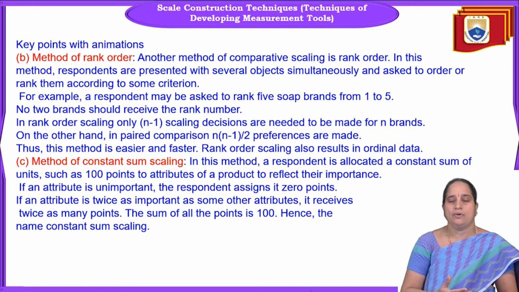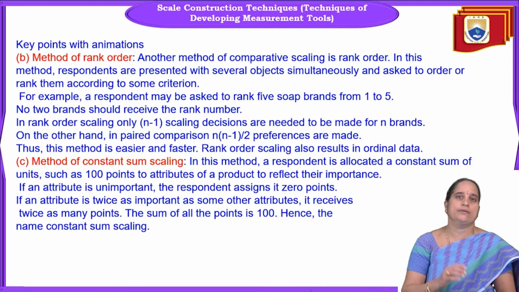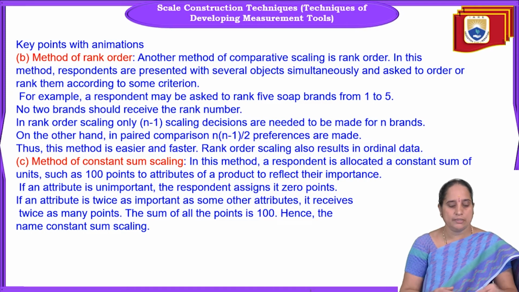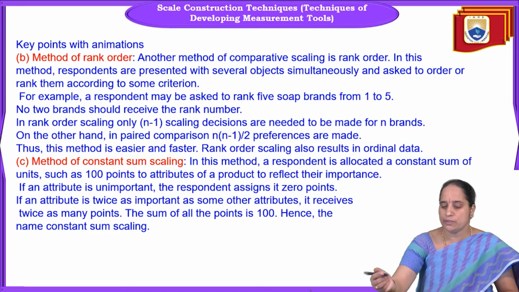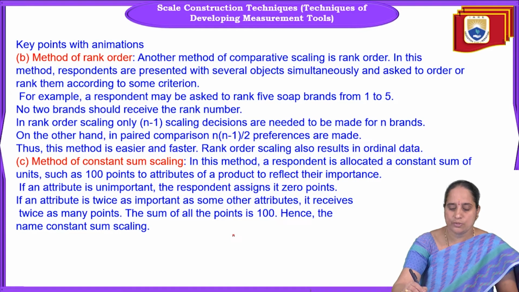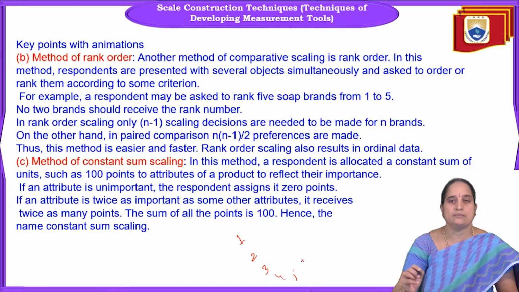For example, you ask a respondent about his preference among some soap brands from 1 to 5. No two brands should receive the same rank. So out of 5 different types of soaps, he assigns ranks based on his preference.